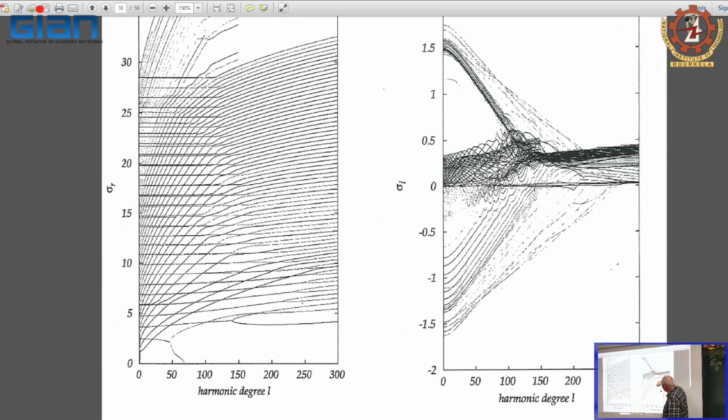There is a dynamically unstable member of this pair. Taking this pair here, it merges somewhere around 150, and then we have a complex conjugate pair which increases its growth and damping rate as we approach L equals 0. So L equals 0, the spherically symmetric perturbations, seem to be associated with the highest growth rates.